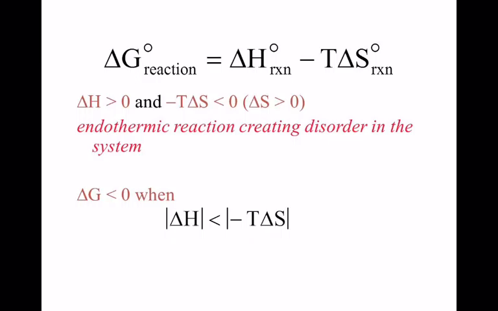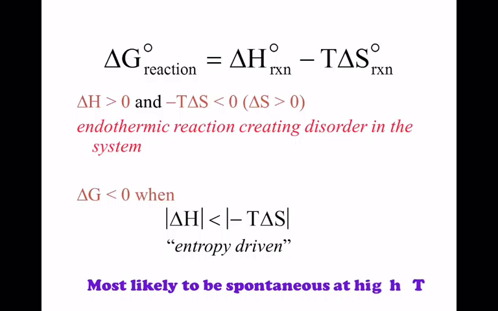So we call that entropy driven. And the higher the temperature, the more likely that T delta S term is to be larger than the delta H. Saves the day. So that's the third of 4.